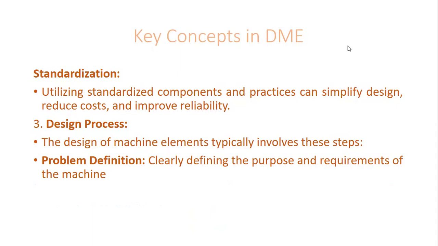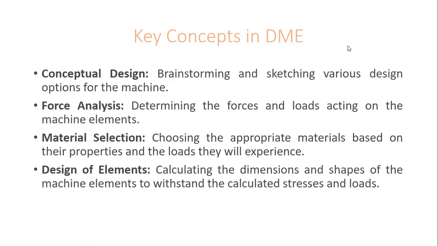The next one is design process. You are going to see what the common design process is. The design of machine elements involves nearly 6 to 7 steps. Let us see in detail. First one is problem definition. Clearly define the goal of the problem and the primary requirements. Next one is conceptual design.